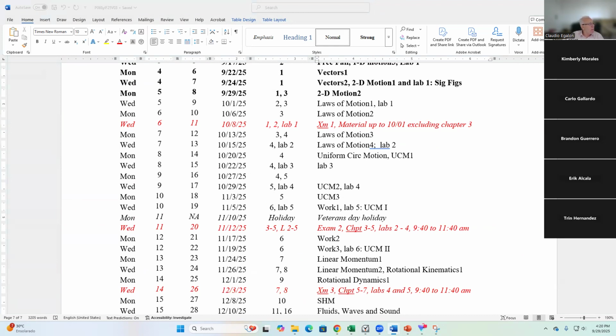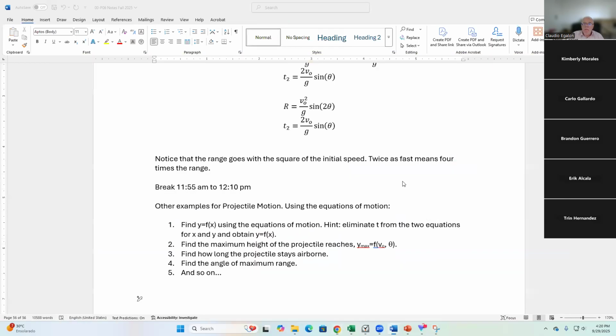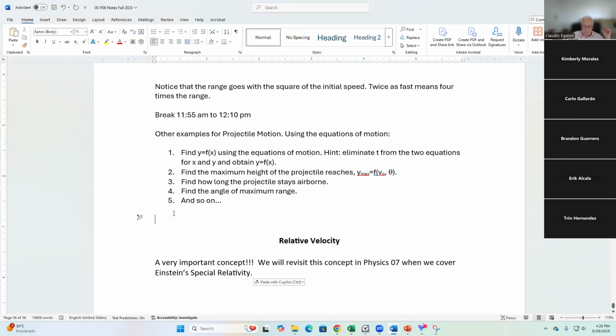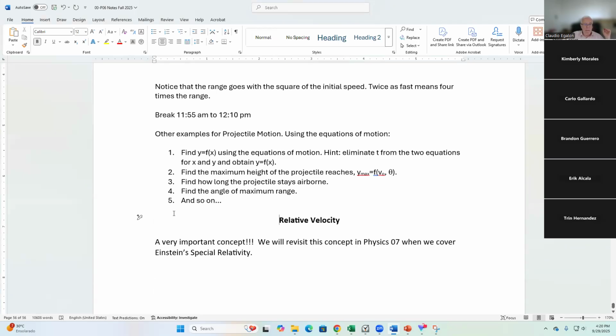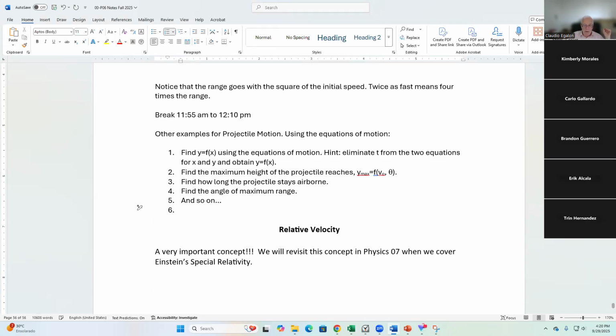Relative velocity. This is a very important concept, by the way. When we cover physics 7, we're going to go back to this concept of relative motion, but through the lenses of Einstein's special relativity.